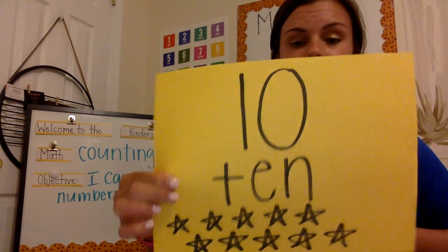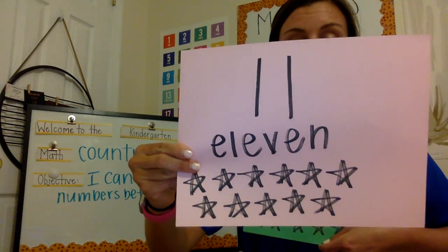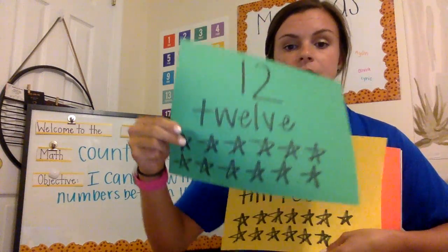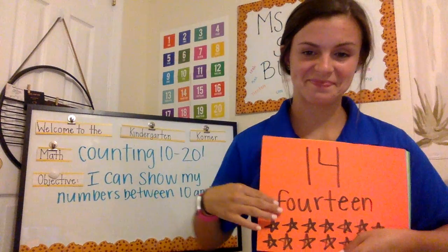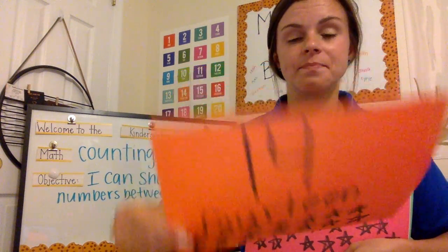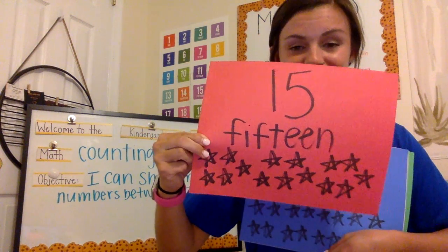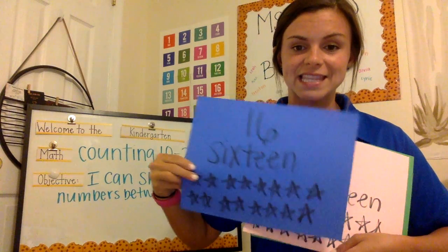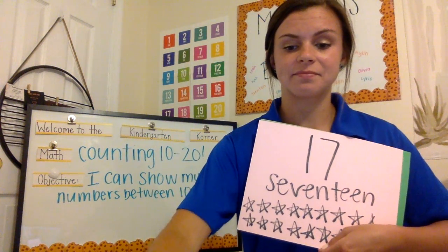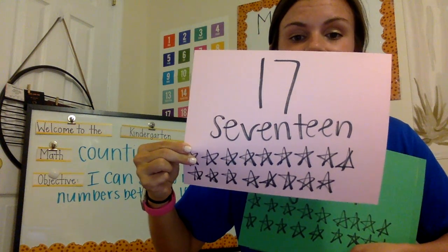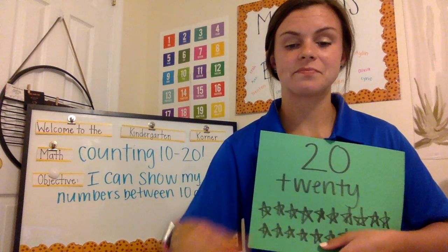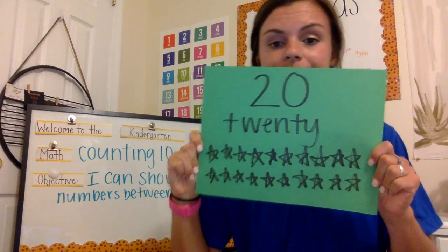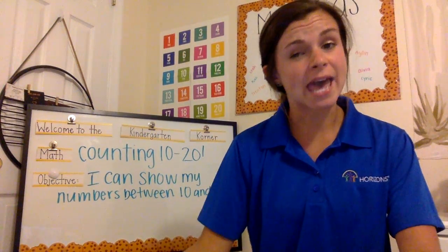I have 10, 11, 12, 13, 14, 15, 16, 17, 18, 19, and lastly, we have 20. So those are my numbers between 10 and 20.